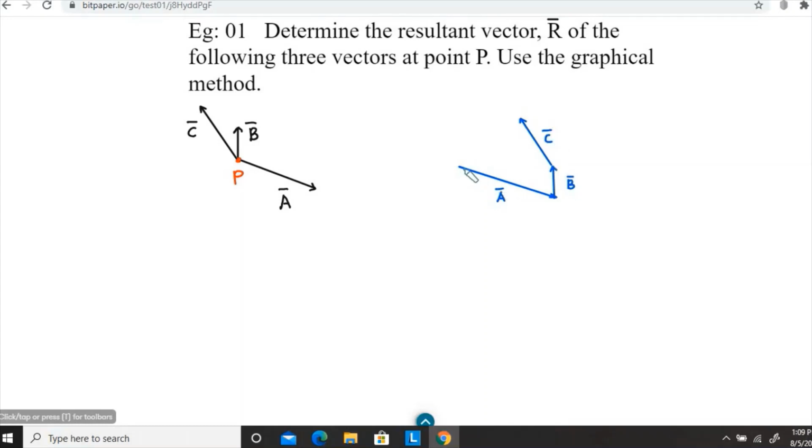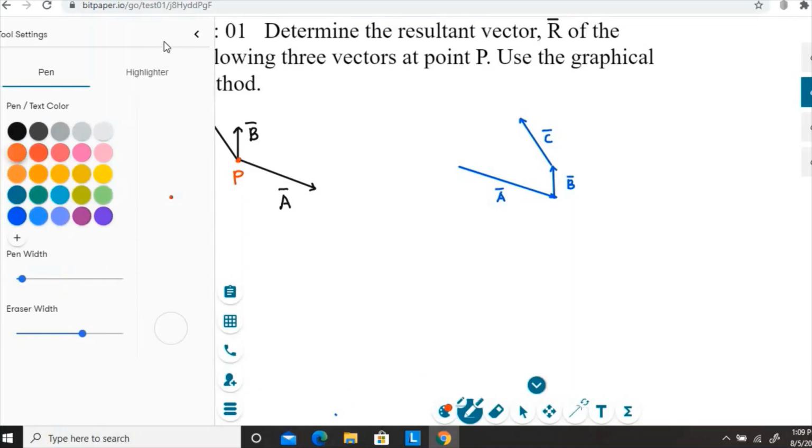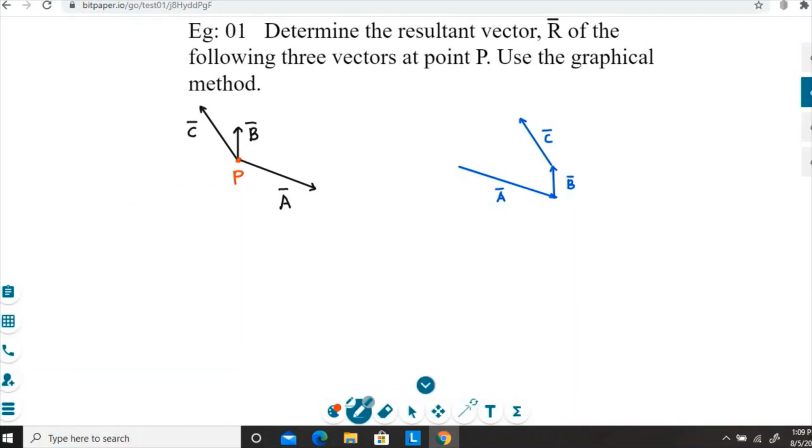And the resultant vector is obtained by connecting the free ends, that is the tail of vector A to the head of vector C. So I'm going to use a different color for that. So let me use red color for that.